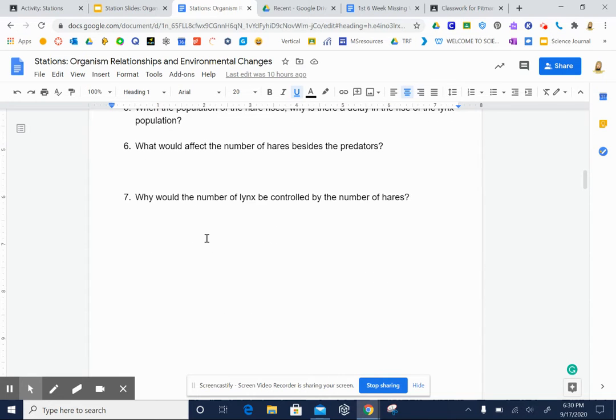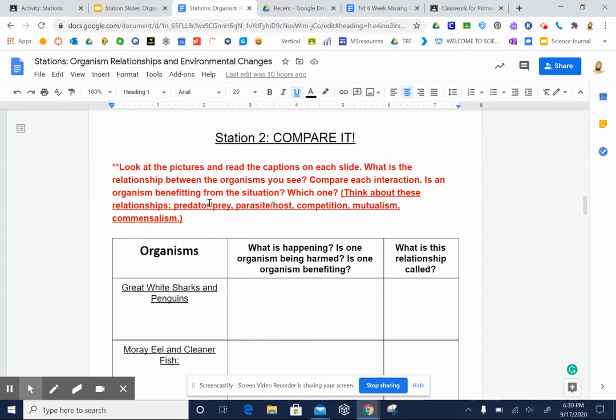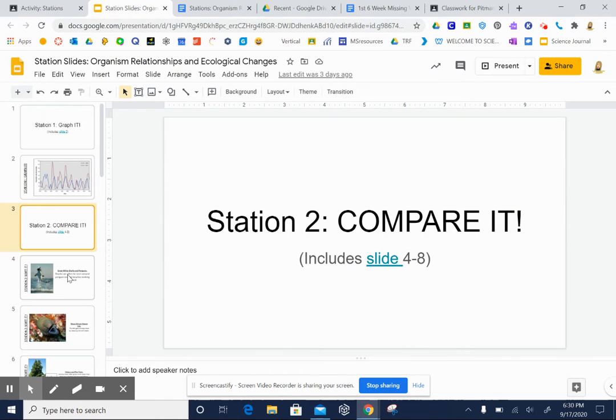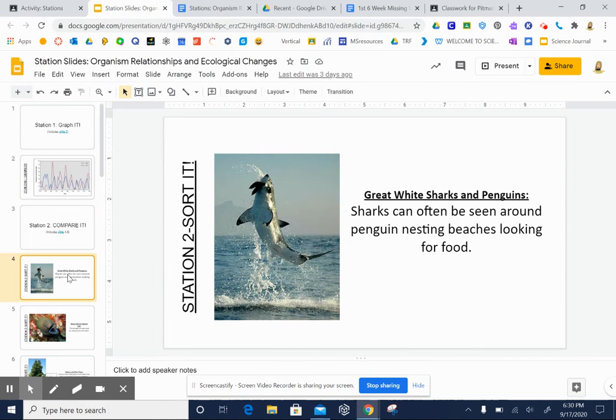Okay, then it goes to station 2. Notice it's got some red letters. Always read the red letters. I mean, the bright red, because they're more instructions that you need to read. So when I go to station 2, I'm going to read the information about the organism. So I'll actually help you out with this one. It says, sharks can often be seen around penguin nesting beaches looking for food.